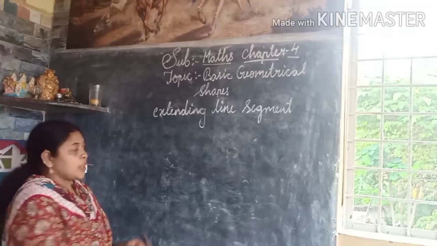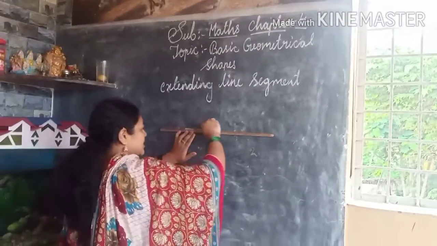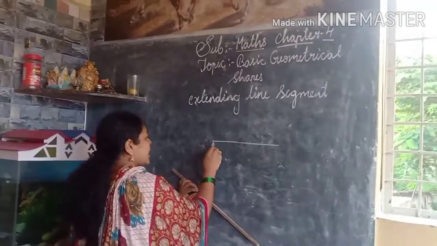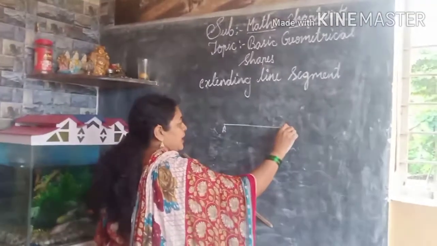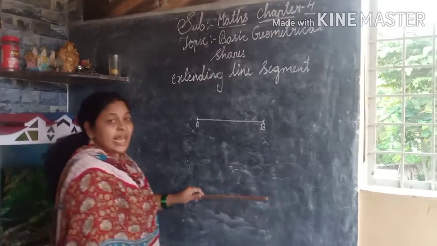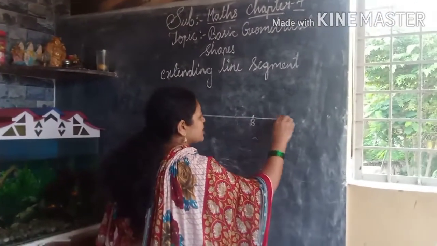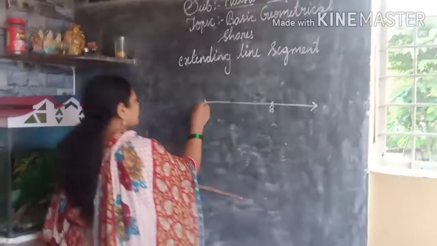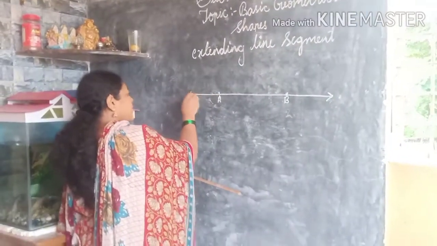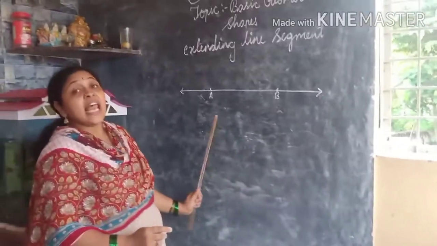Let us take a line segment here. Let us take line segment AB. We have a point A and a point B. Let us extend the line segment here and also here. I have given arrows here, which means we have a line.